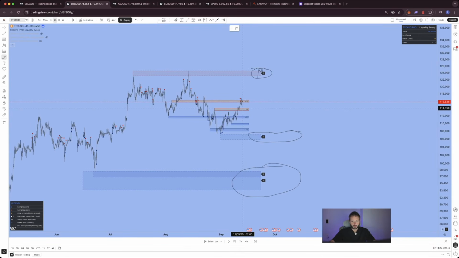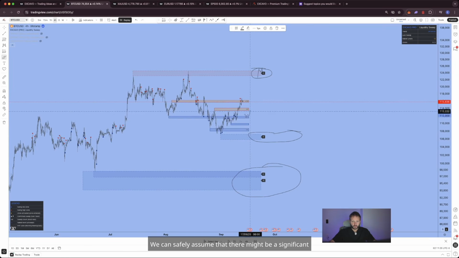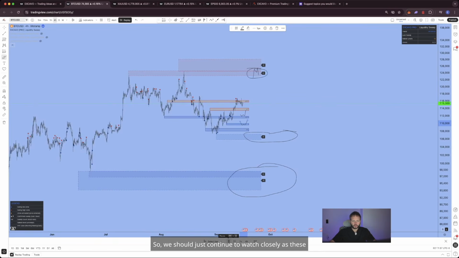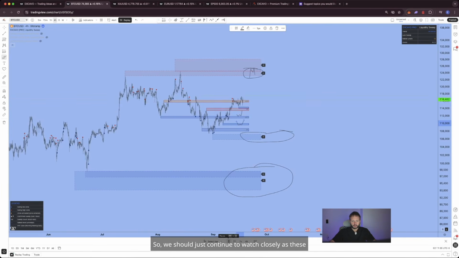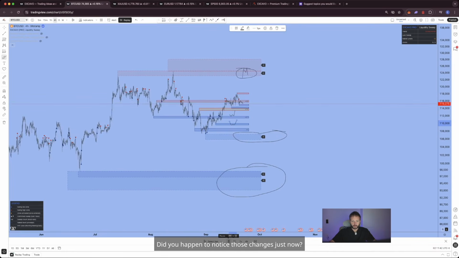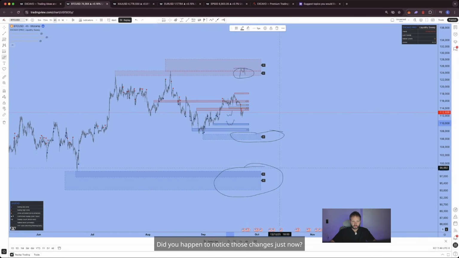We can safely assume that there might be a significant market correction occurring here, specifically a correction moving upwards, where the blue indicator represents an upward trend, and the red signifies a correction moving downwards. So, we should just continue to watch closely as these values update in real time. Did you happen to notice those changes just now?